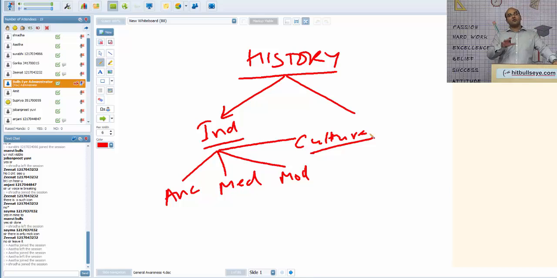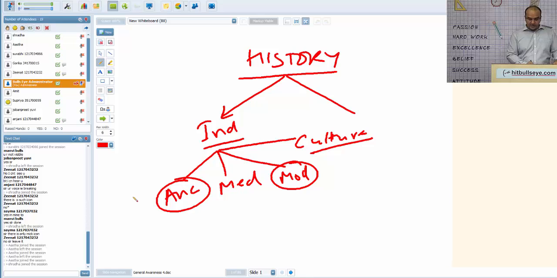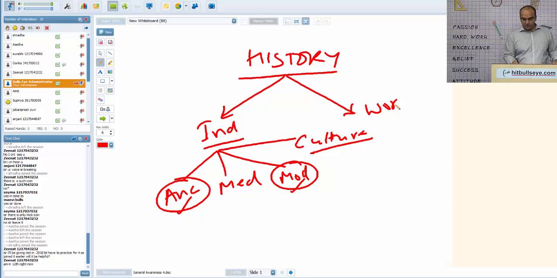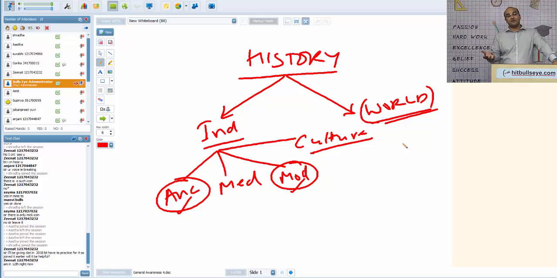As far as these 4 subtopics are concerned, modern history and ancient Indian history are quite important, but again these are only indicative, and it is not necessary that only questions from these 2 topics will come. Of course, you can find questions from all the 4 sections of Indian history. And then we have world history as well. So no need to be scared, because world history includes everything.